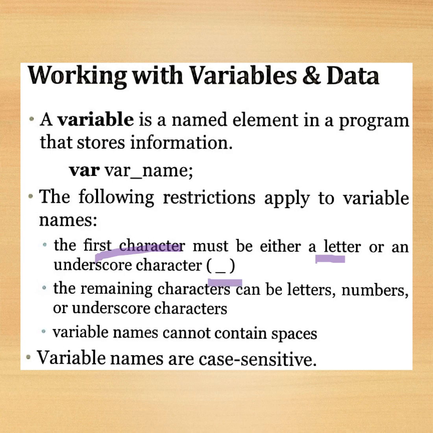The remaining characters can be letters, numbers or underscore characters. Variable names cannot contain spaces. Variable names are case sensitive. As the previous slide also mentioned, JavaScript is case sensitive, so here also we have given it as case sensitive.